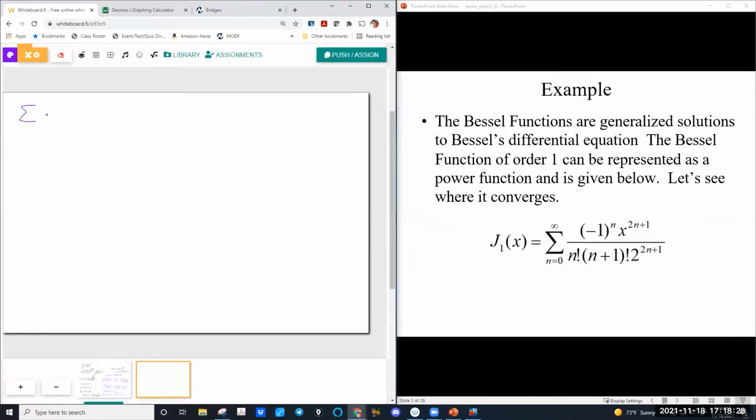So let's put it on our slide here. We got x to the 2n plus 1. What I want to show you with this one is you don't let how much is going on in these things bother you. We do the same thing every time.